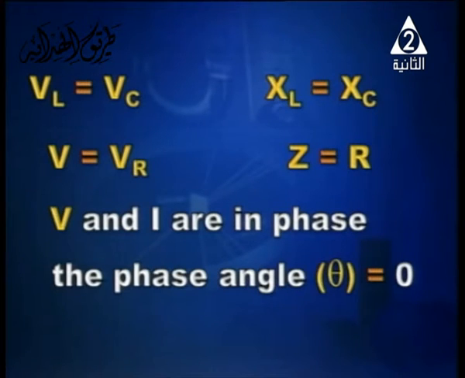This happens when we obtain the resonance state. At resonance, XL is equal to XC, so VL is equal to VC. Total voltage is equal to the voltage across the resistor, and impedance is just equal to the ohmic resistance. Voltage and current are in phase.